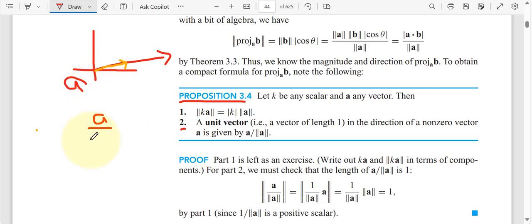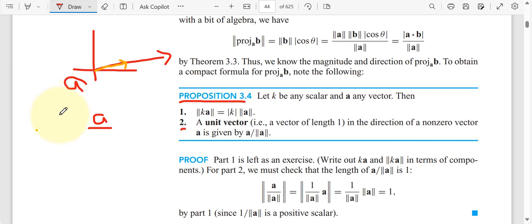Because we just want to scale A. I want to keep the direction of A, but multiply it by a scalar, some number, could be a fraction, and that will change the length, either making it longer or shorter, or even make it point in the opposite direction, but we don't want to do that. We can just multiply it by a scalar.